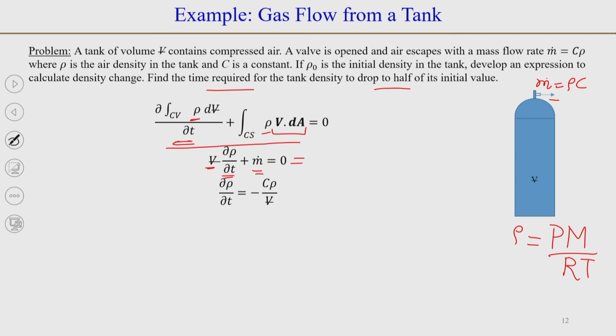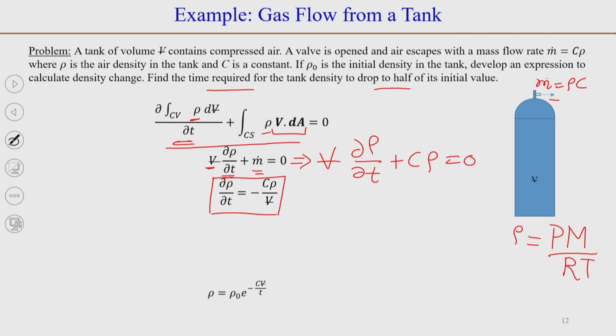So, V del rho over del t plus C into rho is equal to 0, or del rho over del t is equal to minus rho C over V. Okay. So, that is the expression for rate of change of density with respect to time.